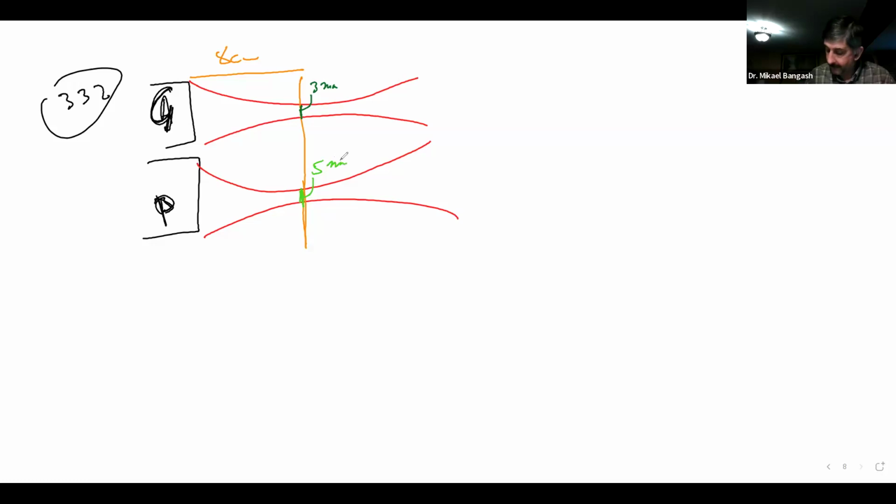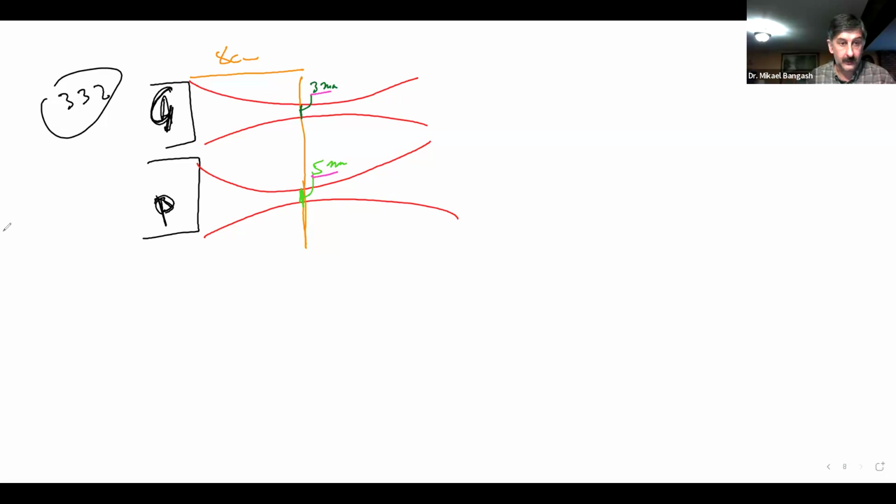Which system will produce the higher quality focus or higher quality picture at the foci? So that's what I was talking about. So this is the width of the beam of system G at the focus, 3 millimeters. And this is the width of the beam of system P at a depth of 8 centimeters, or at the focal point.